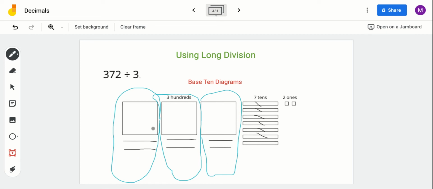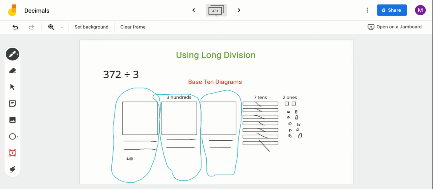I can't really split 1 10 between 3 when I leave it as a 10, but I can make it into 10 1s, and then I can use those 1s, break all those 1s up. So I have 6, 7, 8, 9, 10. So I broke up that last 10 into 1s, and so now I have 12 1s, and that works out well because I can split 12 1s into 3 groups.